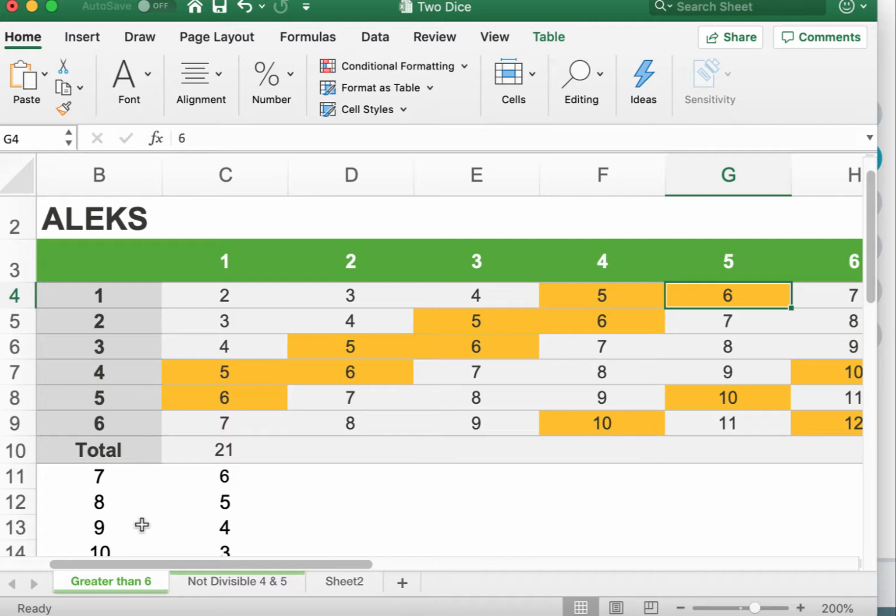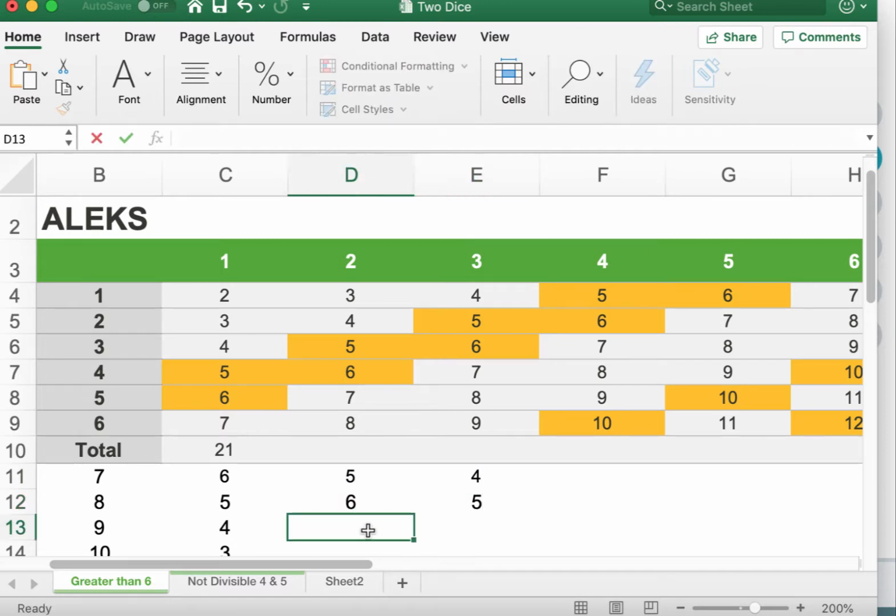The 5 occurs 4 times. 6 occurs 1, 2, 3, 4, 5 times, so it's 1 more than the 5. 10 occurs 3 times, and 12 occurs once.